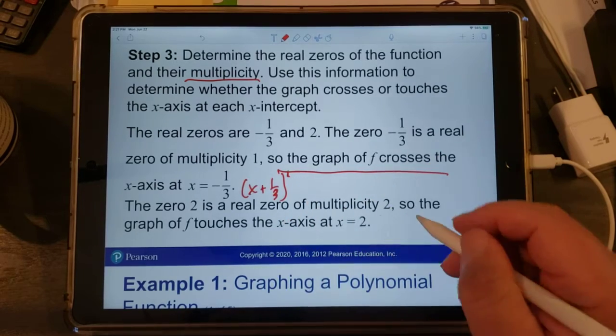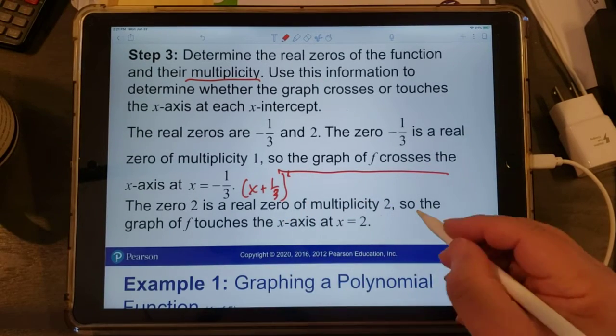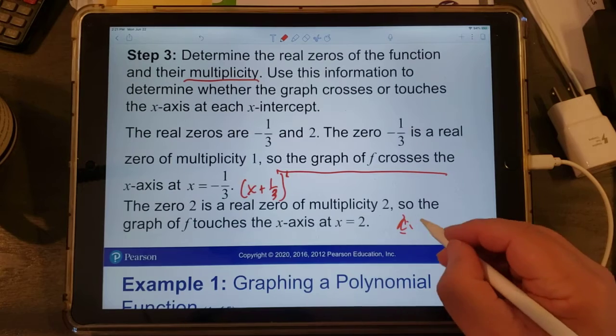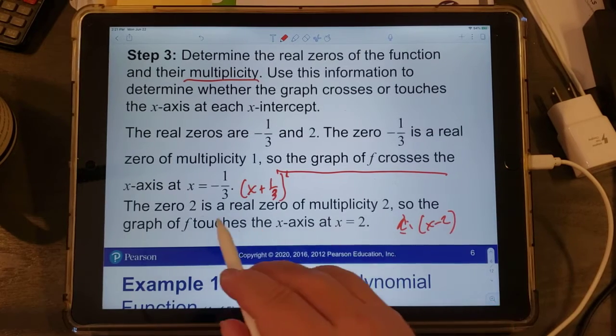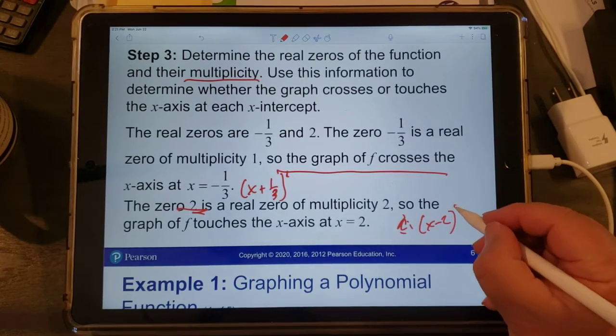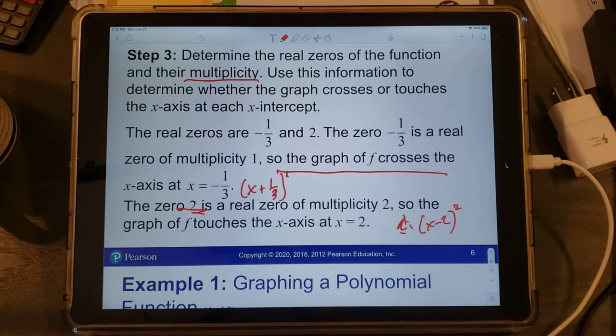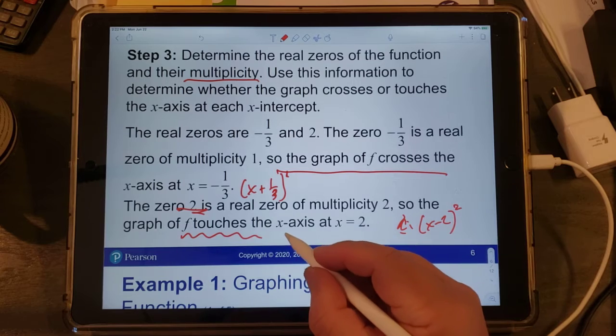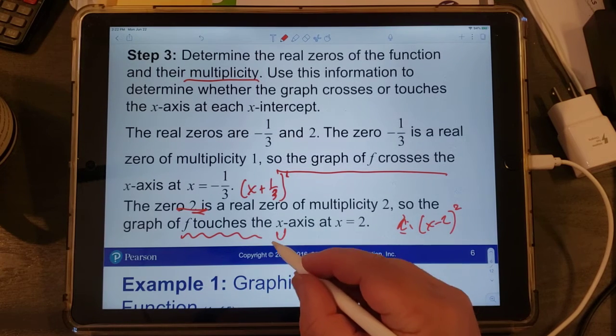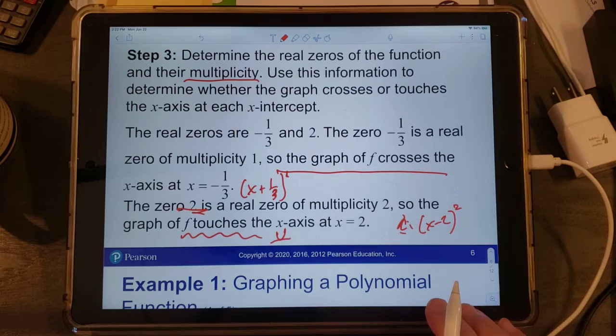The 1 was invisible. And this was x minus 2, the factor that gave us 2 as a 0. But it was squared, so that means it doesn't cross, it just touches the x-axis in the same way y equals x squared touches the x-axis.